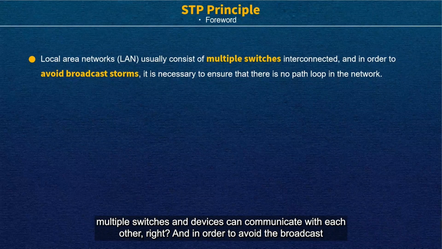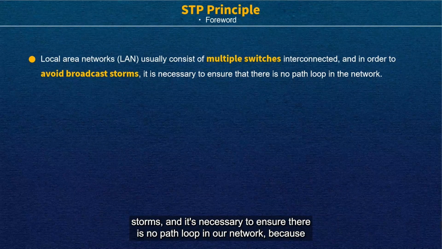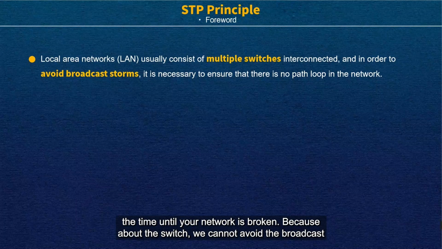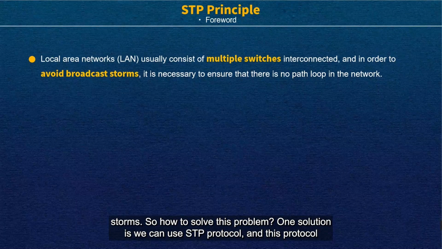And in order to avoid broadcast storms, it is necessary to ensure there is no path loop in our network. Because at layer 2, if you have a loop, the message will be sent around all the time until your network is broken, because a switch cannot avoid flooding broadcasts.